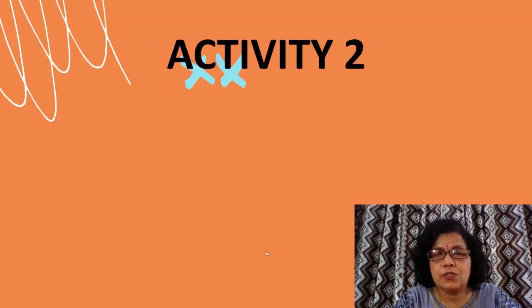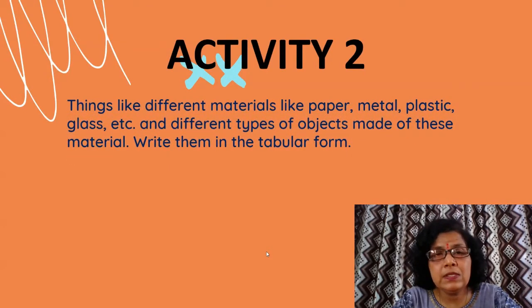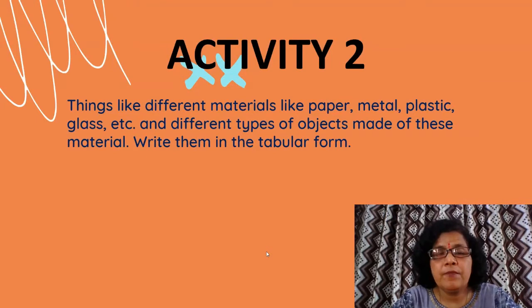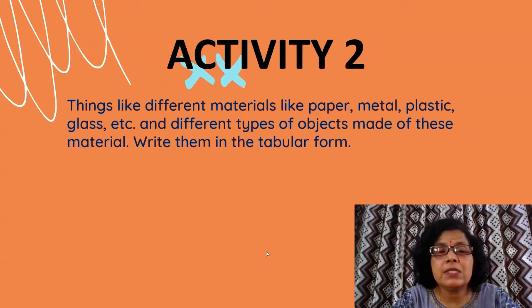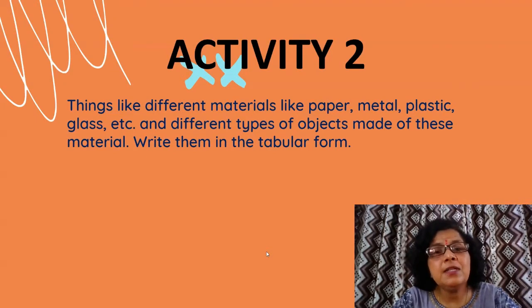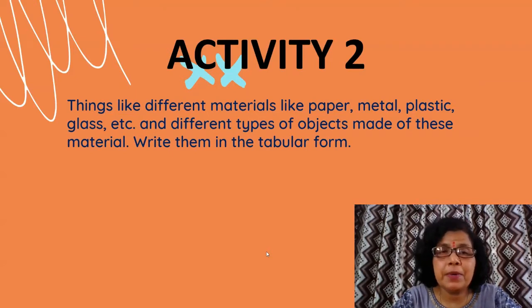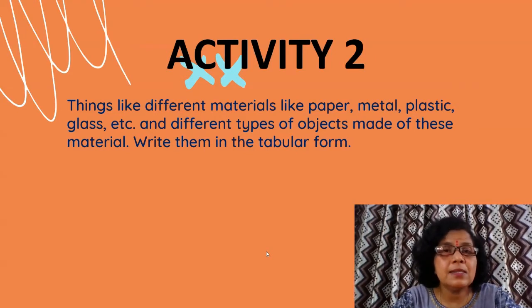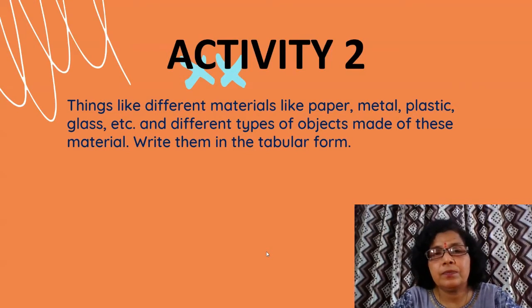The same way, let's have another activity. For this, again collect different types of objects. We know that these objects are made up of different materials, like some would be made up of paper, some of metal, plastic, glass, rubber, etc.